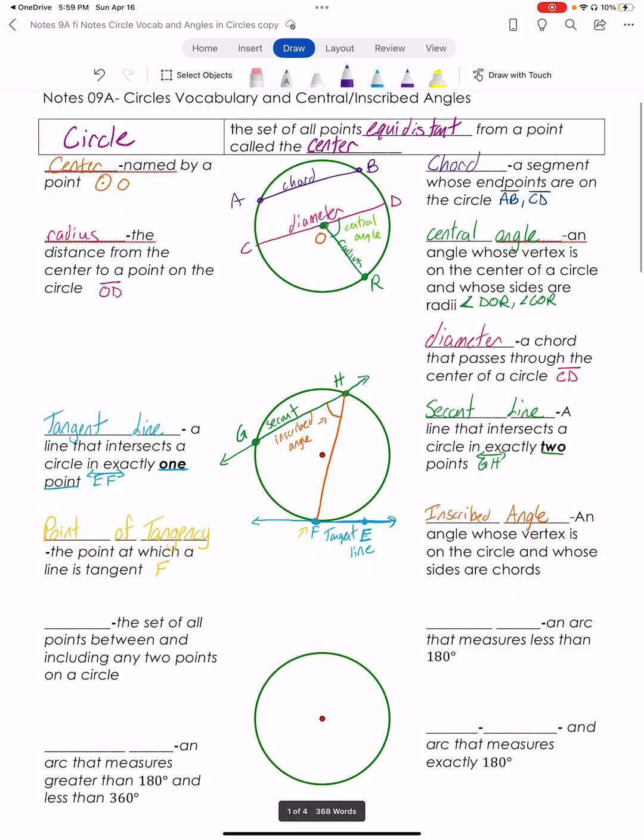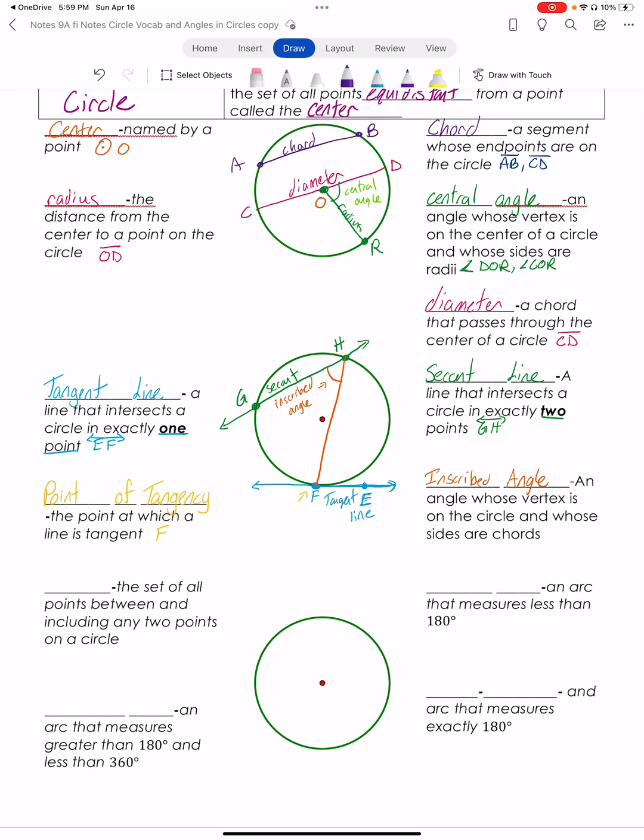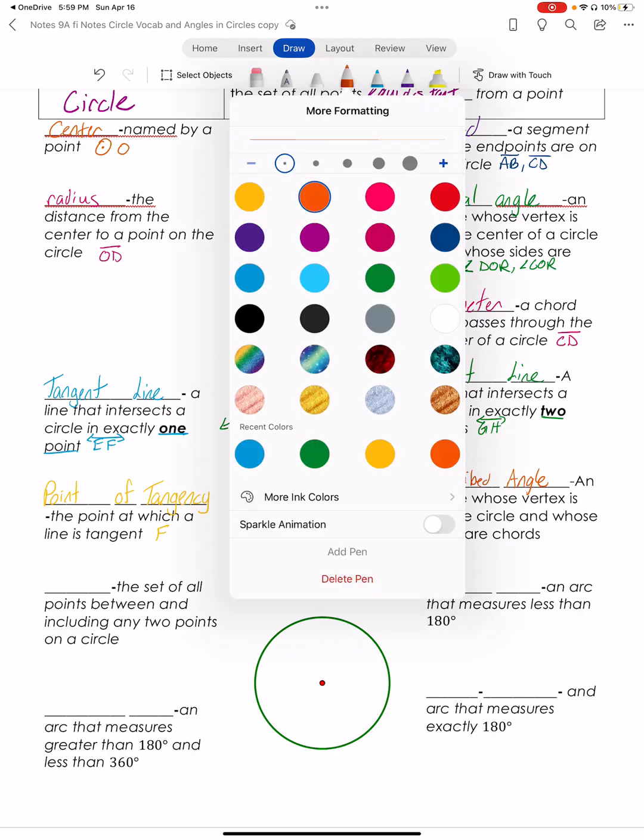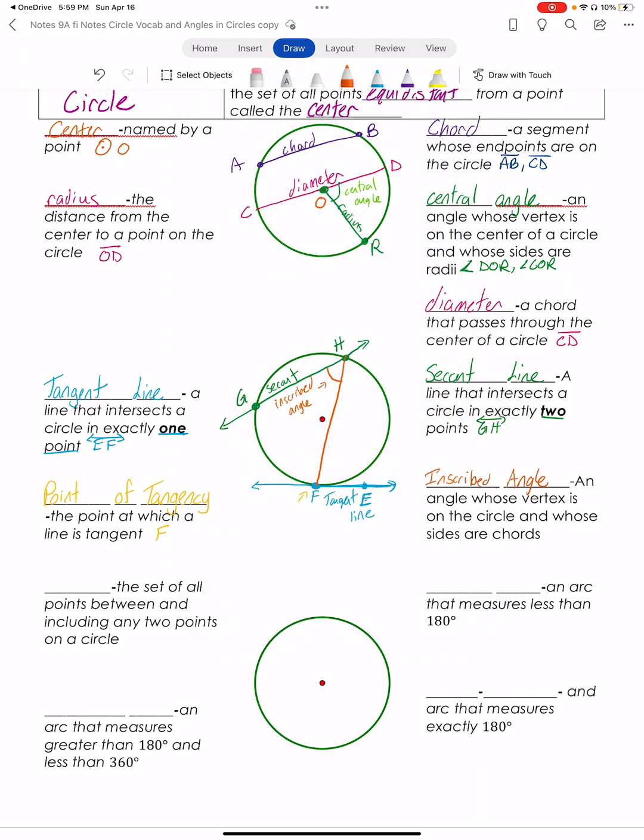Okay, so now our last little set of vocabulary, this hasn't been too bad, is the set of all points between and including any 2 points on a circle. So that is actually going to be what's called an arc. So here, draw some points. Here, and then we're going to have a point here.